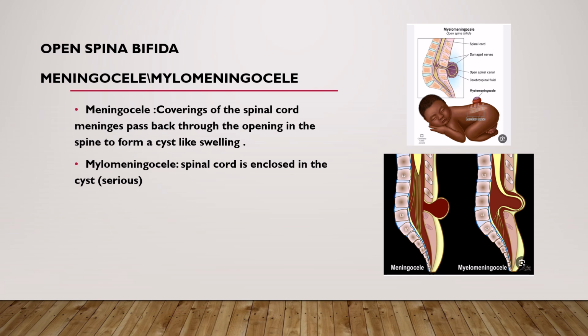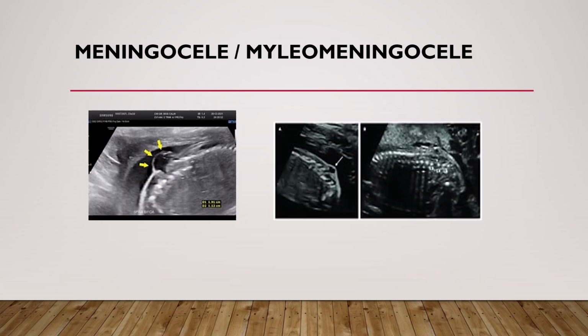If there are spinal cord elements, it's called myelomeningocele, and it is a serious condition. Here you see ultrasound for a baby intrauterine. There is a defect in the spine, and there is a bulging sac containing CSF, and maybe there is some spinal cord element. This is meningocele or myelomeningocele.